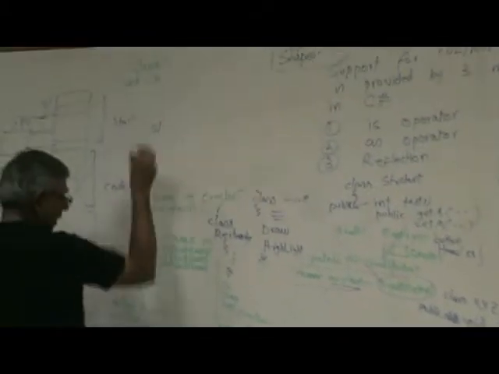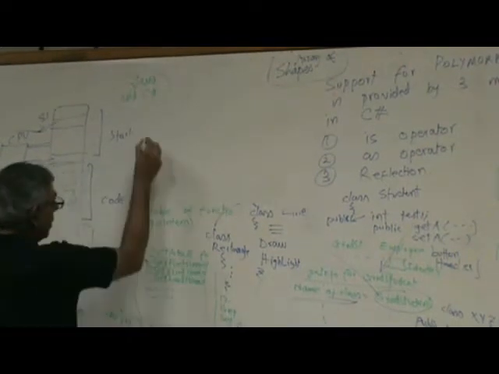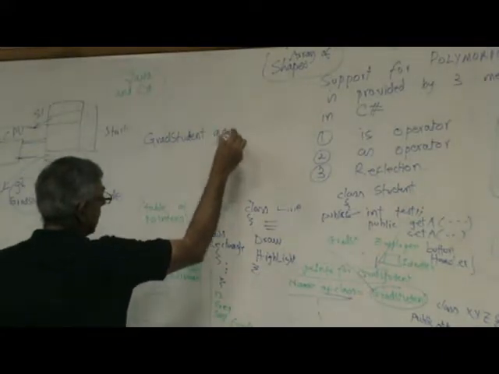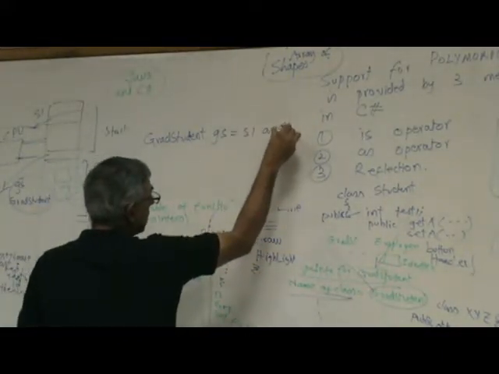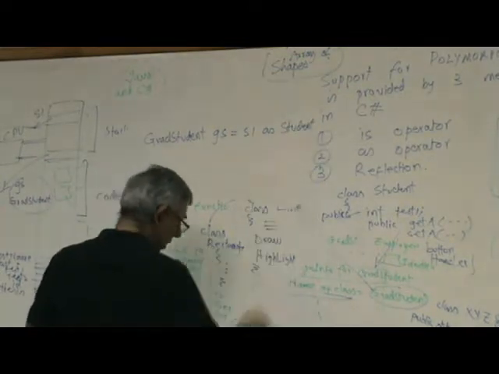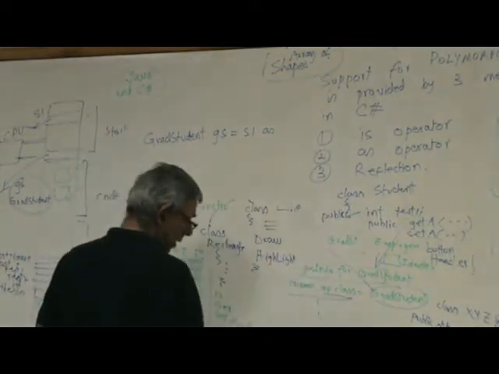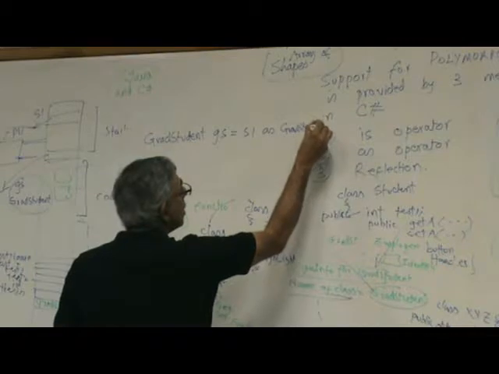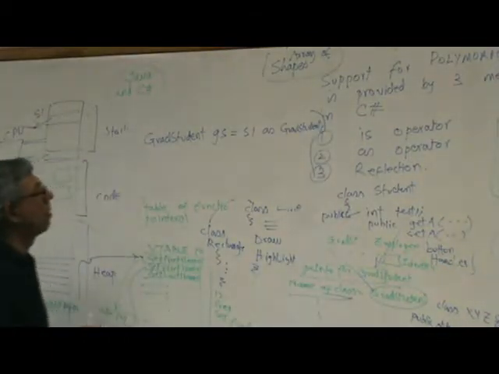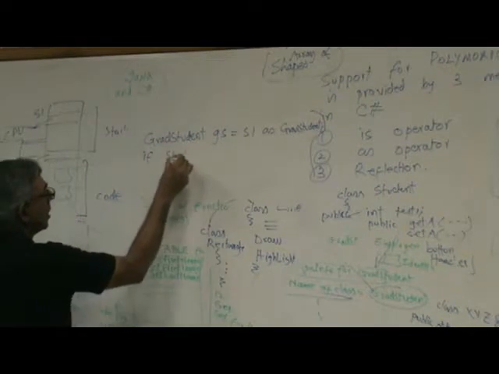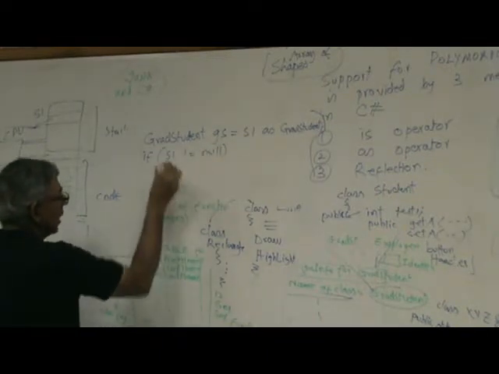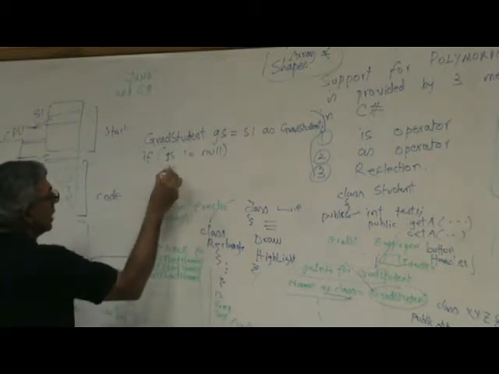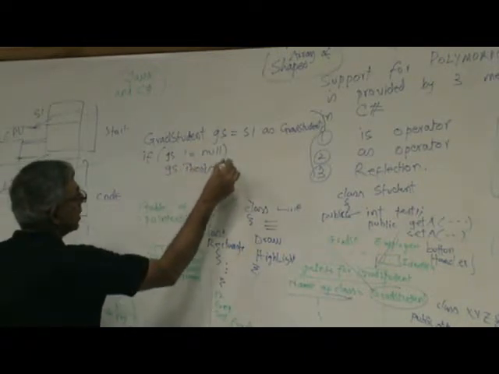So we will say GradStudent GS equal to S1 as GradStudent. Then if GS not equal to null, then GS.thesis equal to whatever.